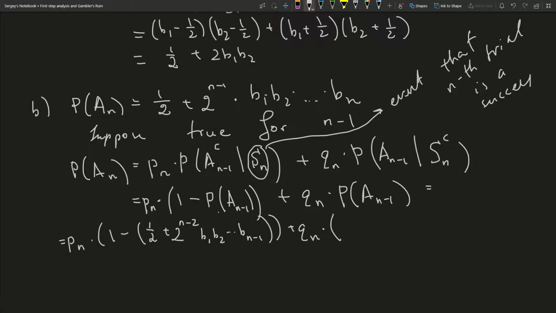Again using the inductive hypothesis, this is 1/2 plus 2 to the n minus 2, b1, b2, all the way to b sub n minus 1.